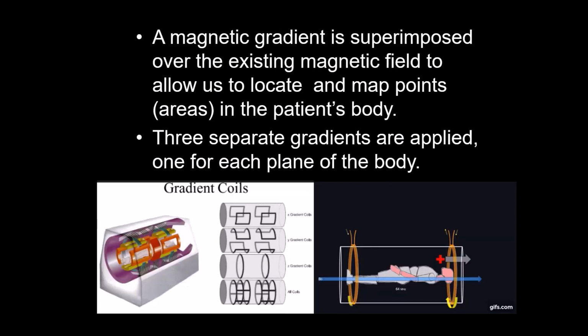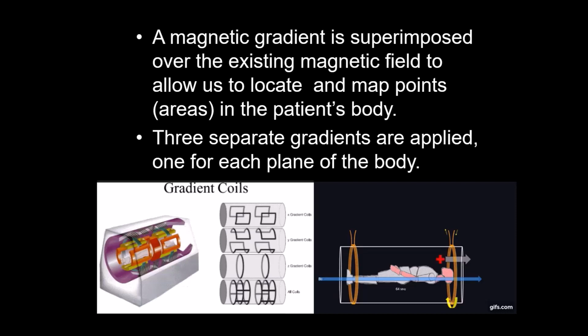A magnetic gradient is superimposed over the existing magnetic field to allow us to locate and map points or areas in the body. Three separate gradients are applied, one for each plane of the body. To create differential points along the body, we turn the coils for the gradients on one side at a time, north, then south, and then north.